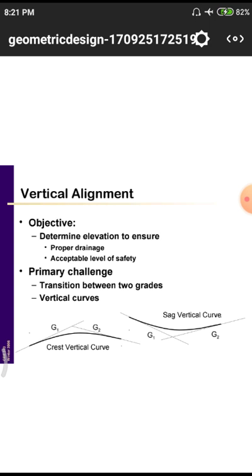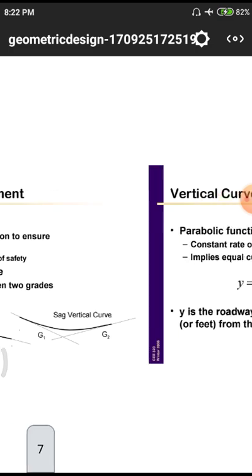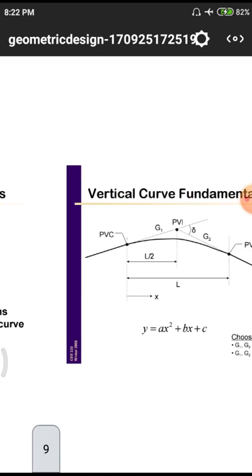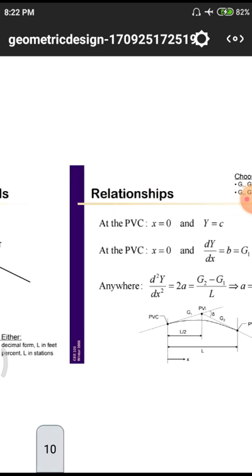Because it is opposite to the direction of the road, so they simply give a negative to G2. Using the parabolic principle, we calculate y equal to ax square plus bx plus c, and we need to calculate dy by dx and d square y by dx square.